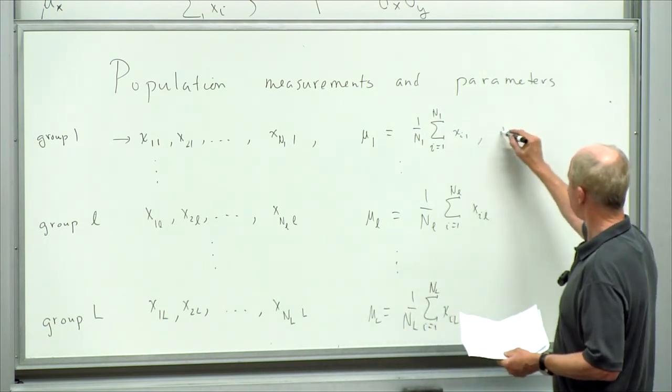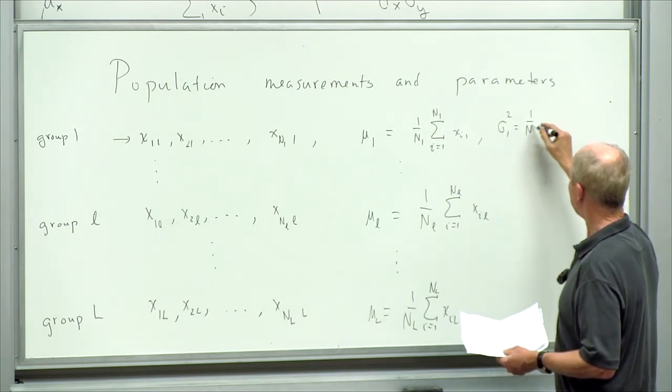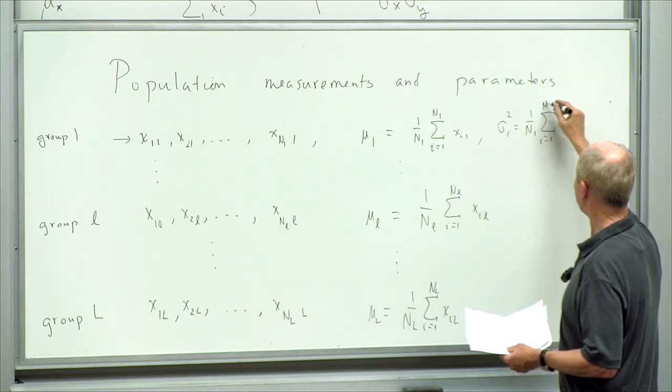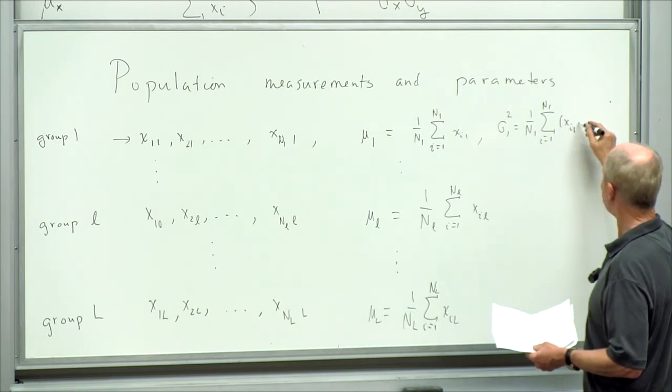And similarly, sigma 1 squared would be 1 over N1 times the sum, i equal 1 to capital N1, of (x_{i1} minus mu 1) squared.